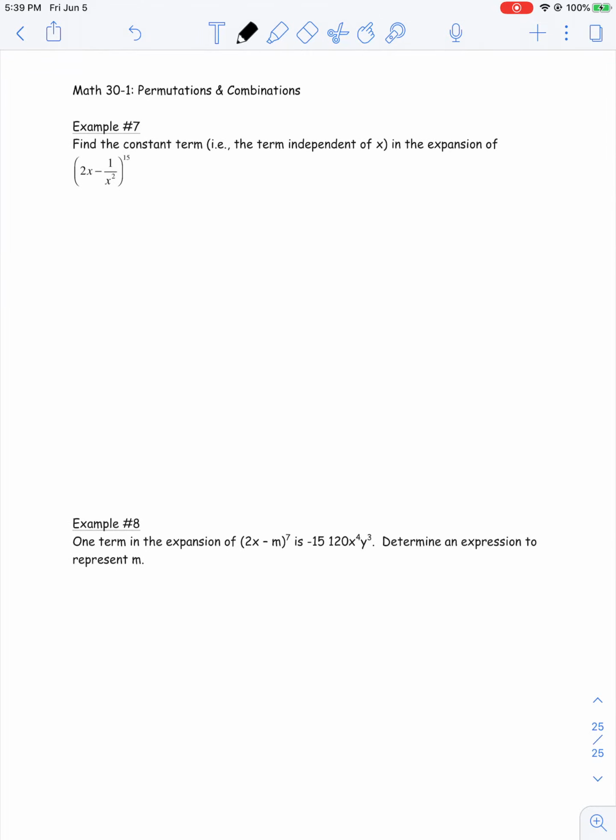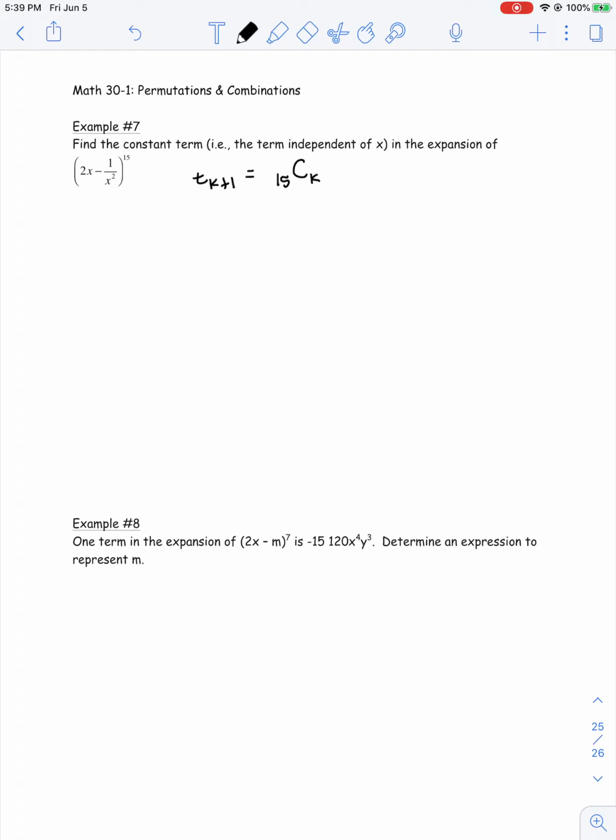Example number 7. So they're saying find the constant, the term independent of x, in the expansion of (2x - 1/x^2)^15. So we're going to start with the equation again for a general term. T_(k+1) equals, we know that our n is 15.